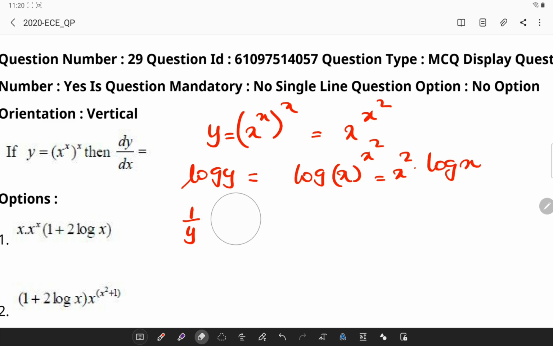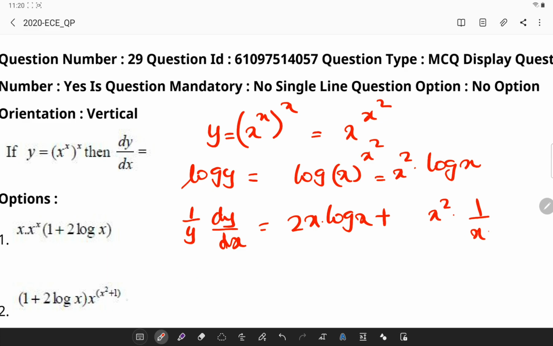So now if I take a derivative of this, I will be having 1 by y into dy by dx is 2x into log x plus x square into 1 by x. So this is nothing but 1 by y into dy by dx is equal to x into (1 plus 2 log x).